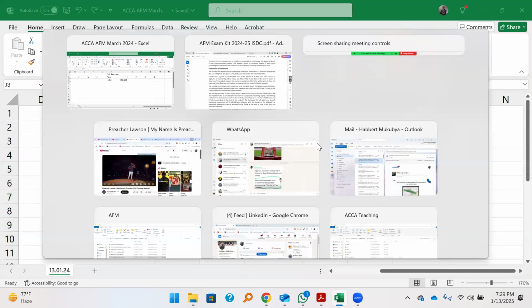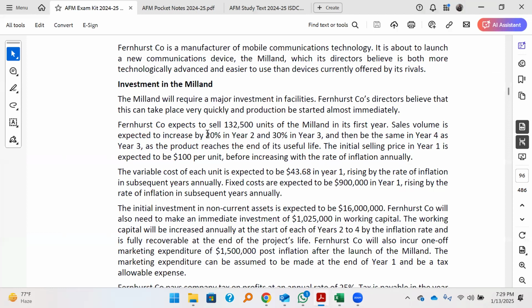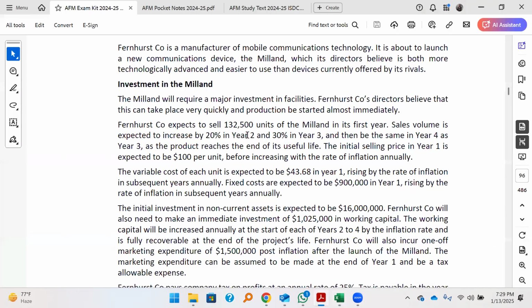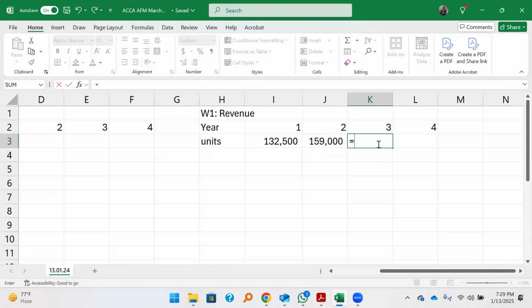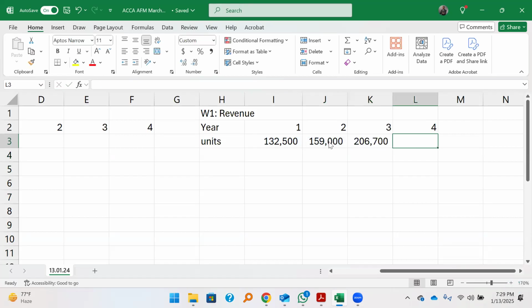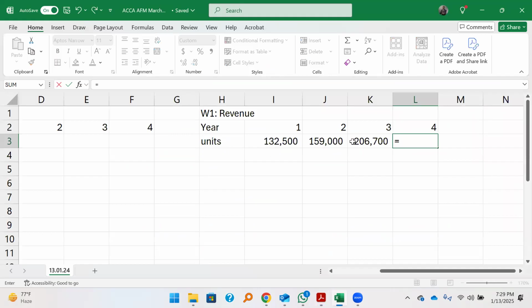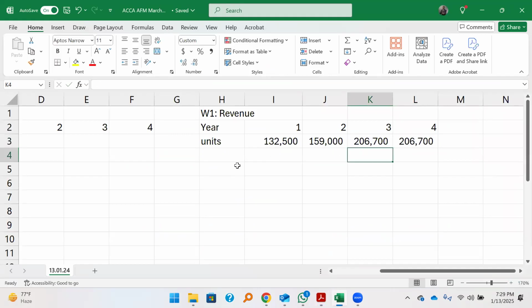Then they said that they will grow by 20% in year two, so this is multiplied by 1.2 in year two. Then 30% in year three. And in year four, it will be the same as year three, so just make it equal to year three. So those are the units.